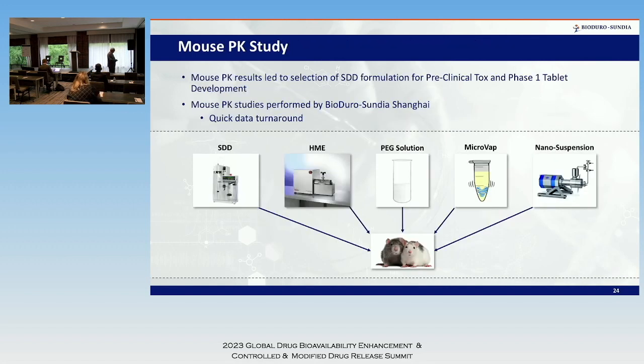Then we tried all of that in animals, in rodents. And oftentimes we use mice rather than rat, because when you want to run rat studies, you need a lot more, let's say maybe 400 milligram of drug versus 200 milligram for a mice study.